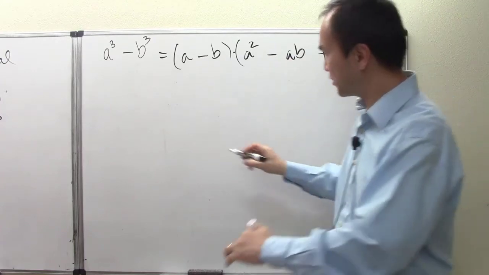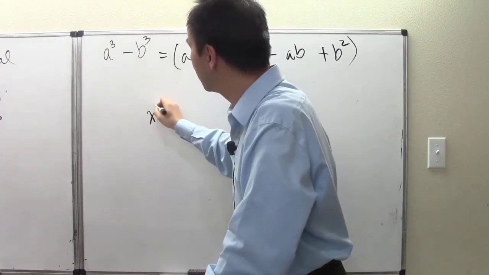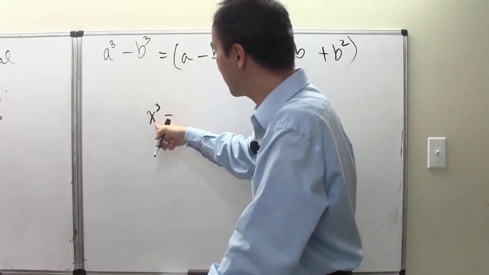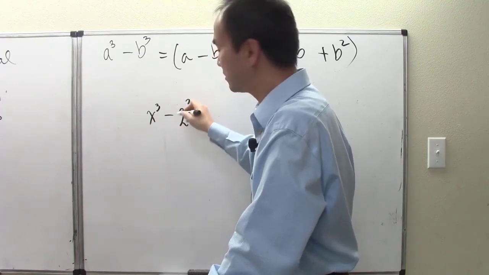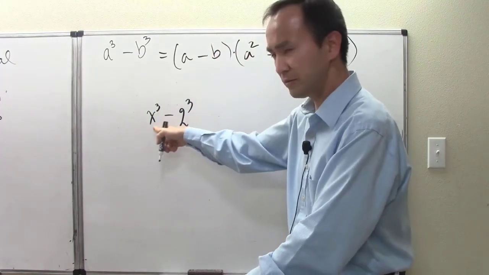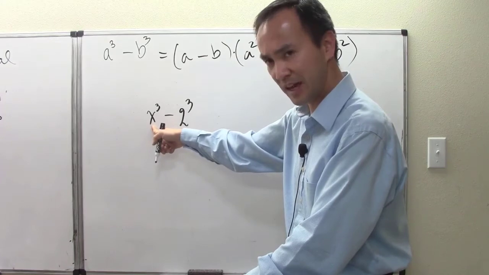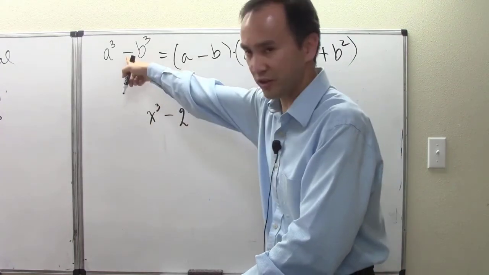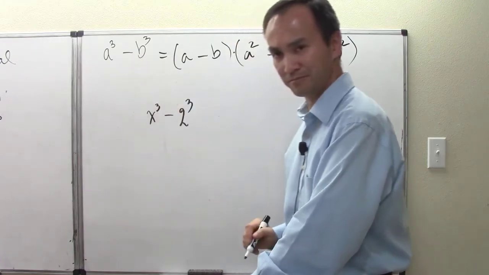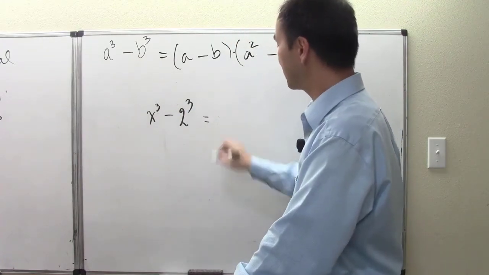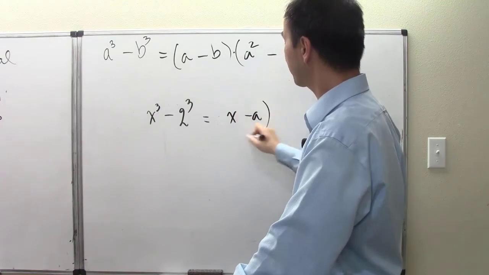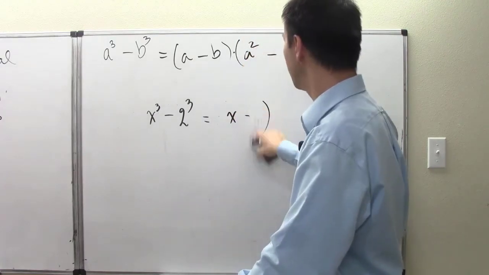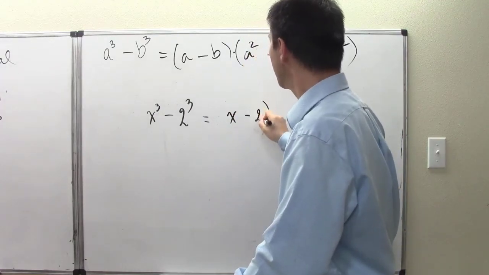In this particular problem, our polynomial is x cubed minus 2 cubed. Difference of two cubes. x is a, b is 2. The minus here is just that subtraction sign right there. So now I'm looking at x minus 2.